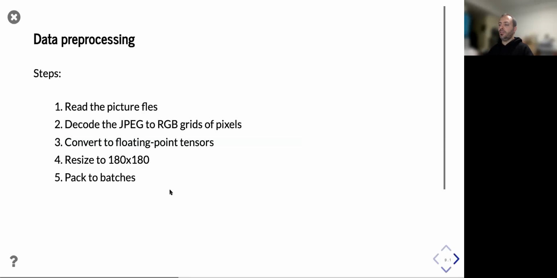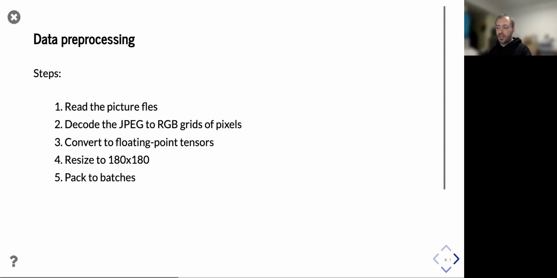So for the data preprocessing, first of all, we need to read the picture files. We need to decode them from JPEG to RGB, the pixels, the 3 color channels. Then we're going to convert them to floating point tensors, so TensorFlow tensors, resize to 180 by 180, and then pack them into batches.